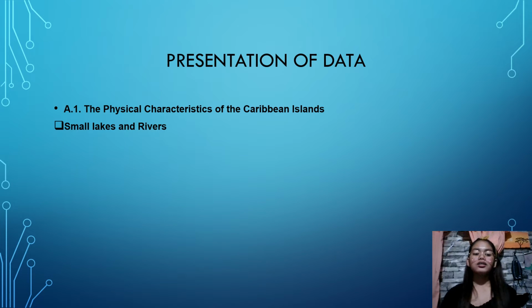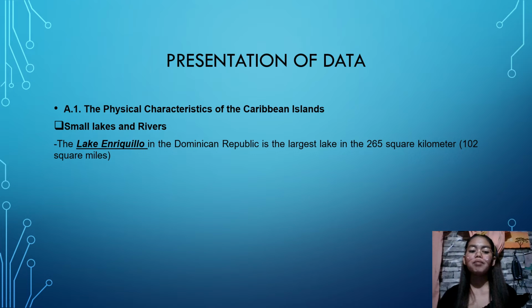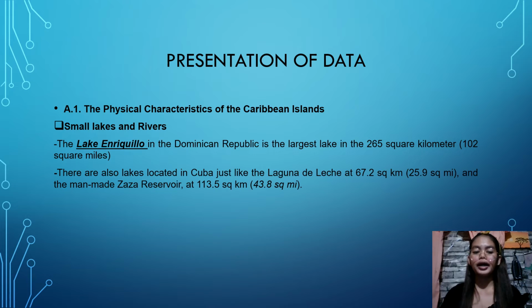Then, there are also small lakes and rivers. For example, the Lake Enriquillo that is located in the Dominican Republic, which is regarded as the largest lake, having 265 square kilometers or 102 square miles.